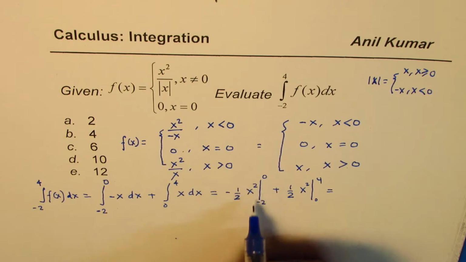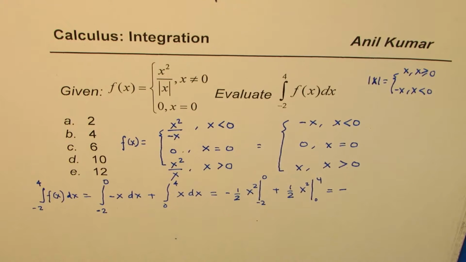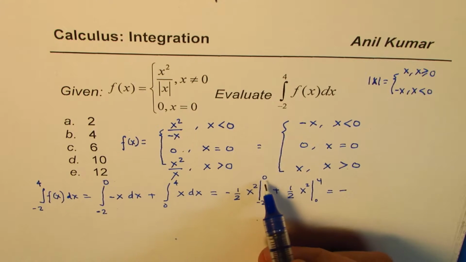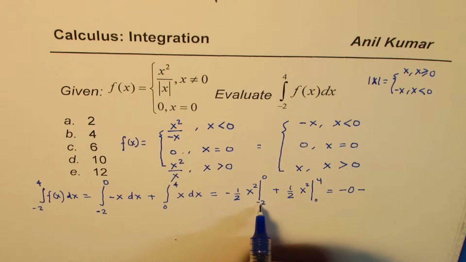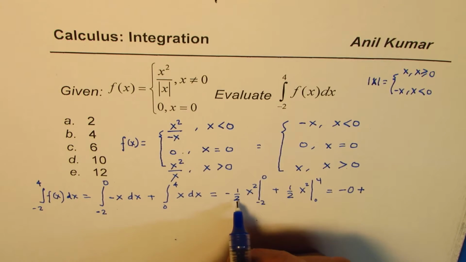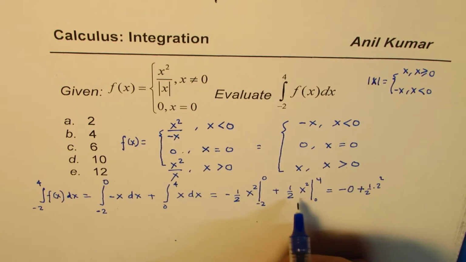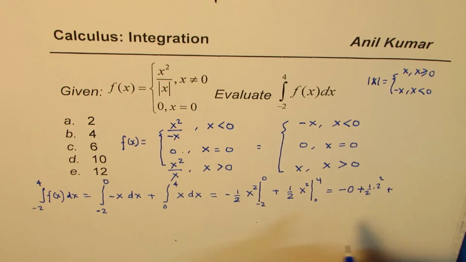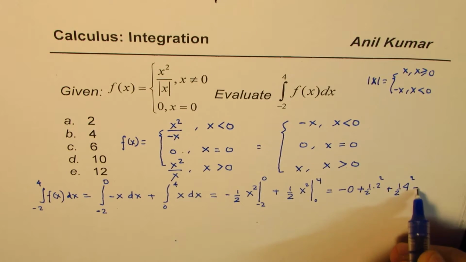Correct? So when I evaluate, when I substitute 0, I get 0, right? And when I substitute minus 2 here, then minus of this value, which is minus half of 2 squared, minus of minus makes it plus, so you get half of 2 squared, and over here we get plus half of 4 squared minus 0, right?